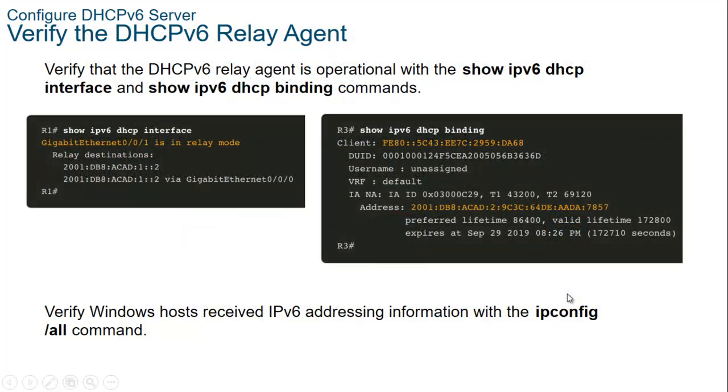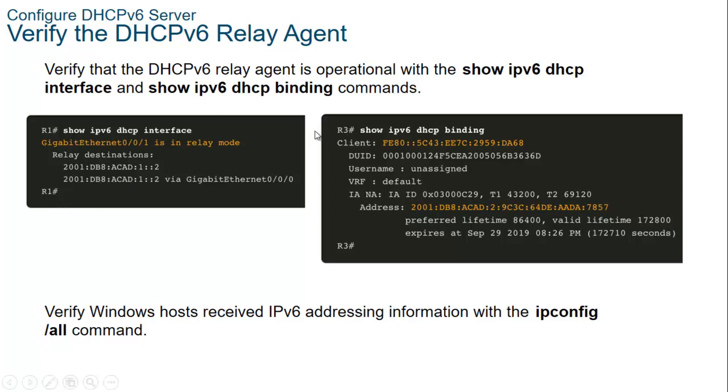So let's verify this. You can verify that the DHCP version 6 relay agent is operational using the show IP version 6 DHCP interface command. So you will find Gigabit Ethernet 0/0/1 is in relay mode, and the relay destination, and also how to get to that relay destination, which is the DHCP server.